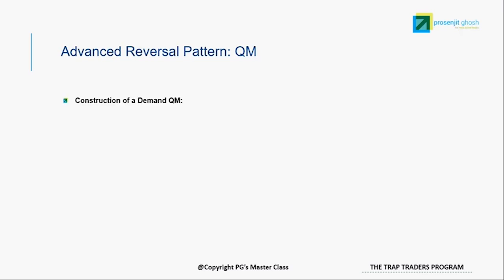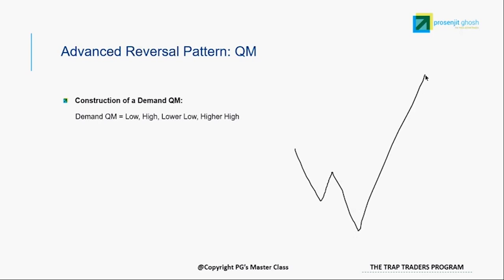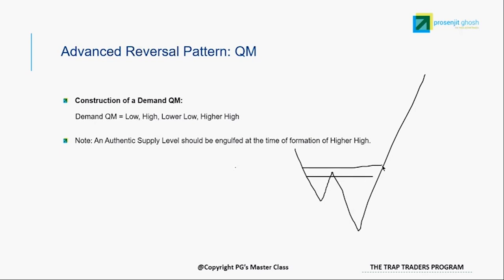Okay. So construction of a demand QM, the demand QM is exactly opposite to supply QM. So the construction is low, high, lower low, higher high. And also we will need an authentic supply, which gave the reaction and the high gets created here.